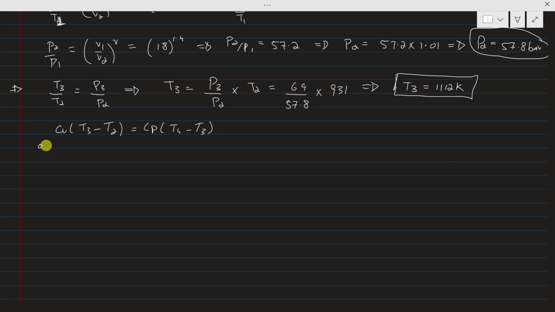So Cv is 0.718, T3 is 1112, minus T2, 931, is equal to Cp 1.005, and T4 is unknown, that needs to be determined, and T3 value is 1112. So after doing simplification, you will find the T4.